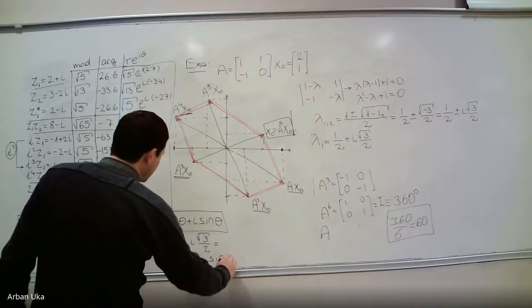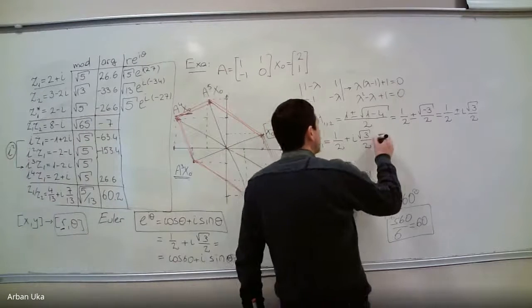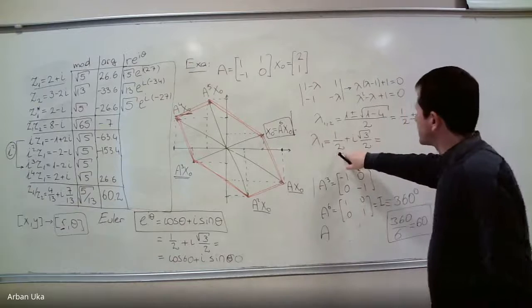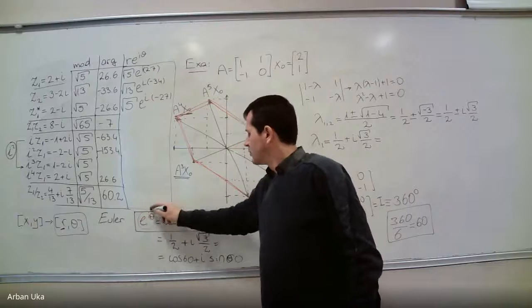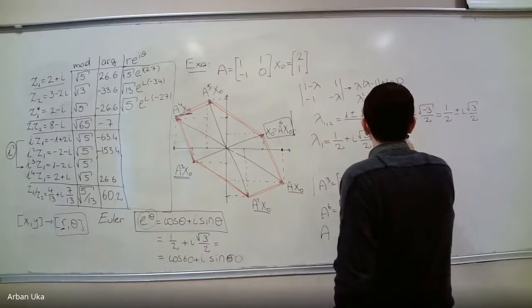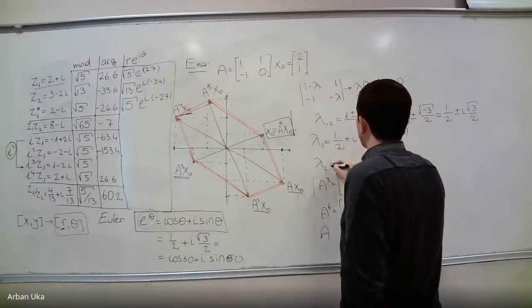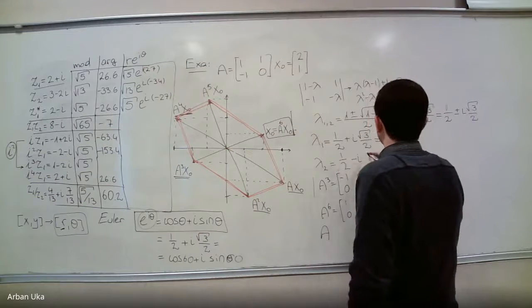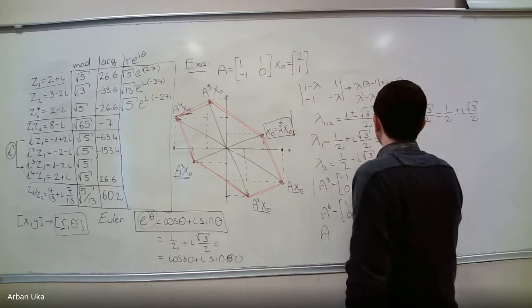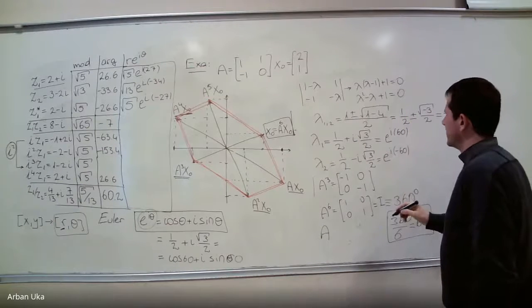Would you agree with this, Alisa? I'm asking about this expression here. Yes, that's true. So we can simply write this lambda as cosine 60 plus i times sine 60, which is also equal to e to the power i theta, which is equal to e to the power i times 60. And then lambda 2 is equal to 1 over 2 minus i times square root of 3 over 2, and this is e to the power i times minus 60.